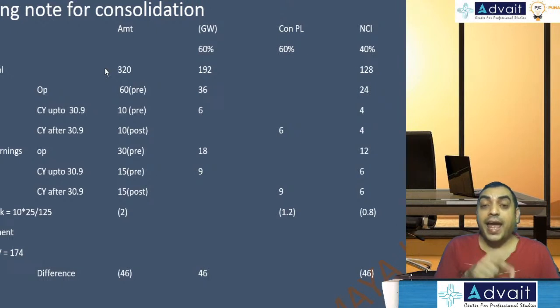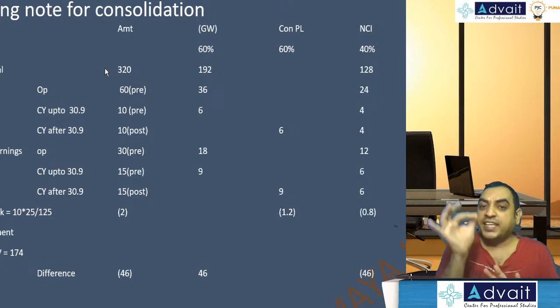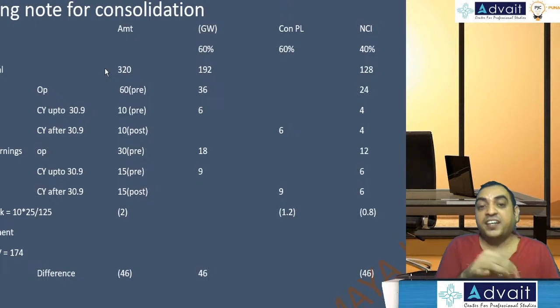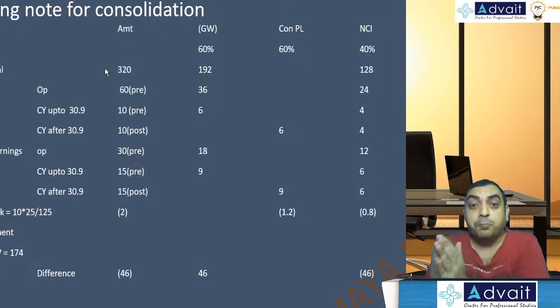Compare it with the fair value of NCI on the date of acquisition and find out the difference. If fair value is more, then the difference is added in NCI.